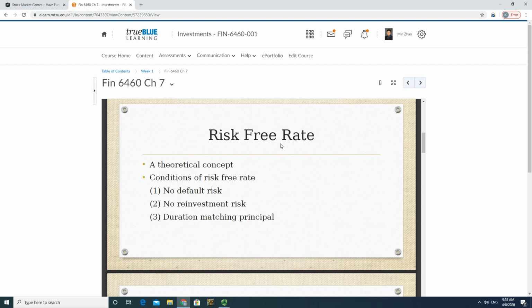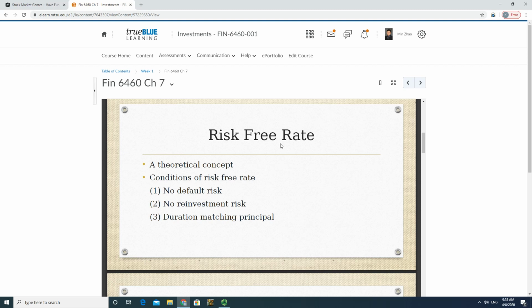Why is that? Because the risk-free rate is just a theoretical concept, and in the real world, you just cannot find a pure risk-free rate. However, we can find a proxy for the risk-free rate. This proxy should be very close to the real risk-free rate. Now, what are proxies for the risk-free rate?